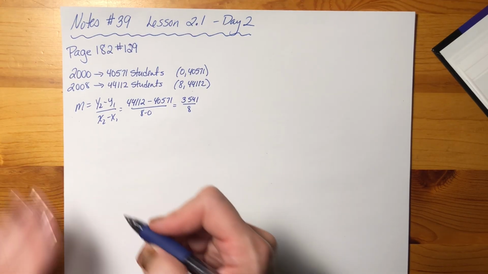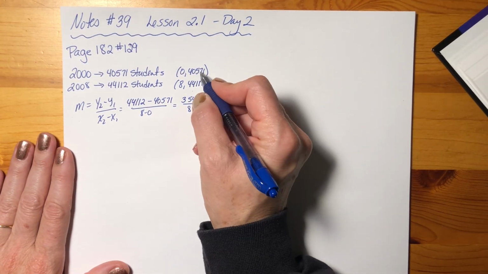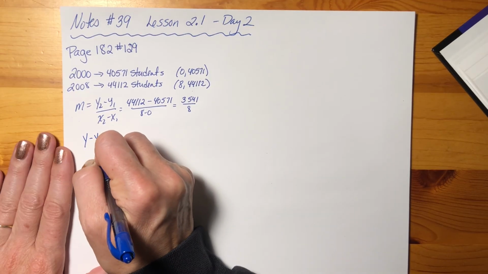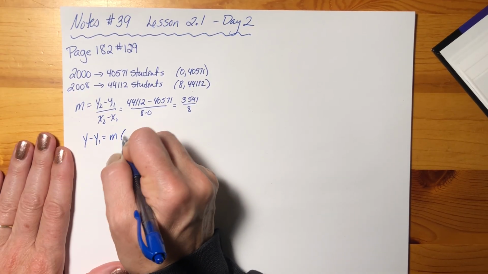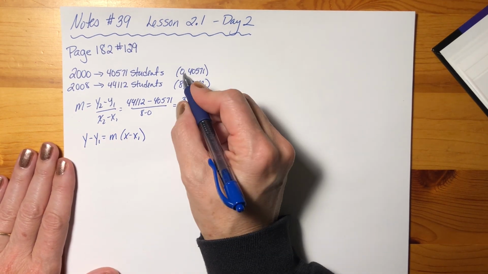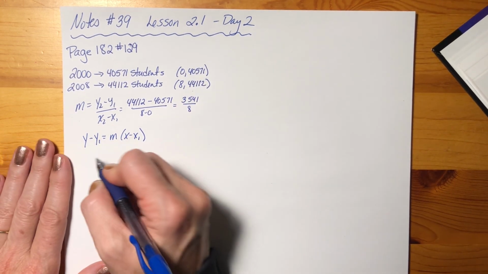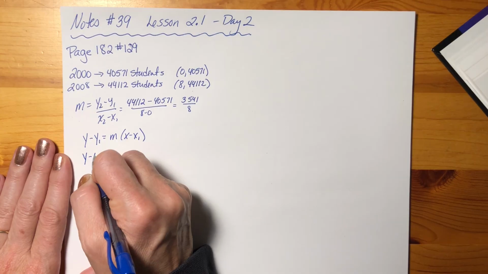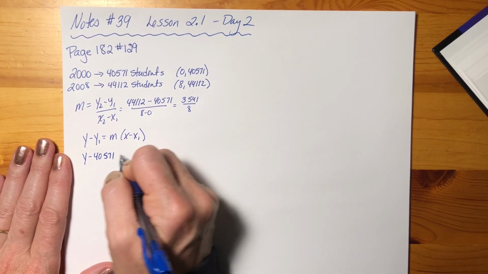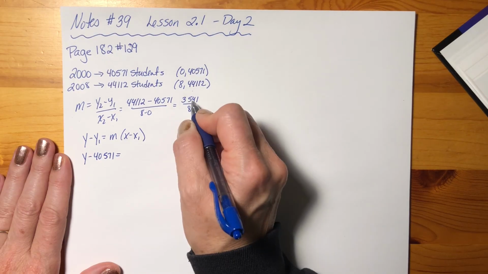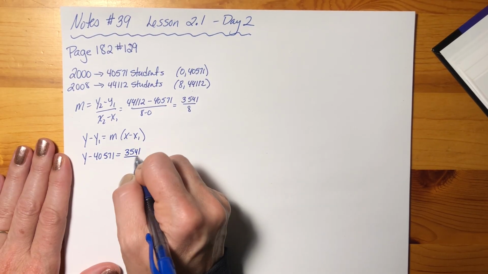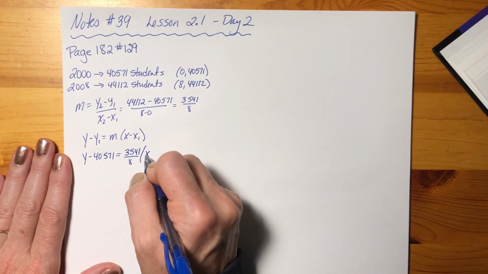I'm going to choose to use point slope because I have a point and I have the slope. So always write down your formula so your reader can follow you. Let's use the point up here because 0 is so much fun to work with. y minus 40,571 equals, I'm going to use the slope I just figured out, 3,541 over 8 times x minus 0.